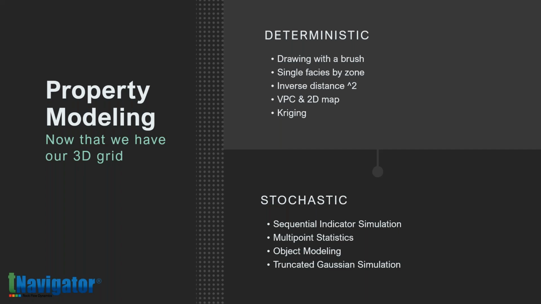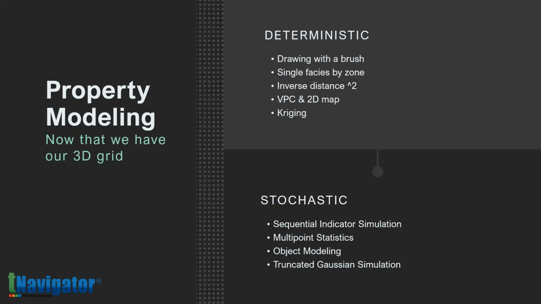We can do single faces by zone using the calculator. We can use the mapping algorithms like inverse distance squared or convergent gridding. We can also build properties from vertical proportion curves and 2D maps, and we can use kriging, which is a geostatistical method. So that's one group, and then we've got stochastic methods as well.